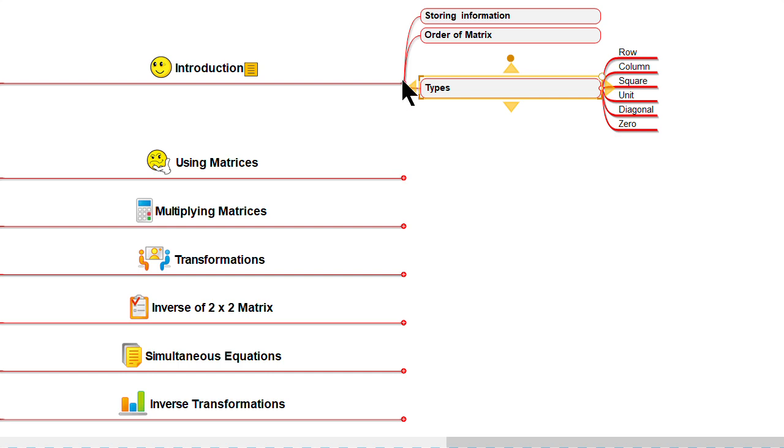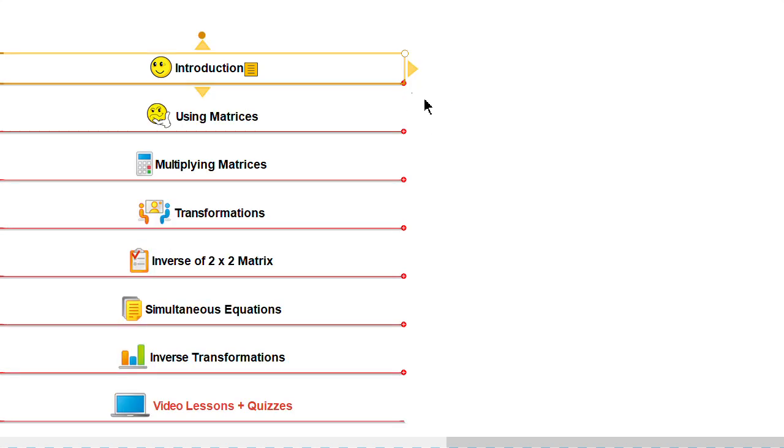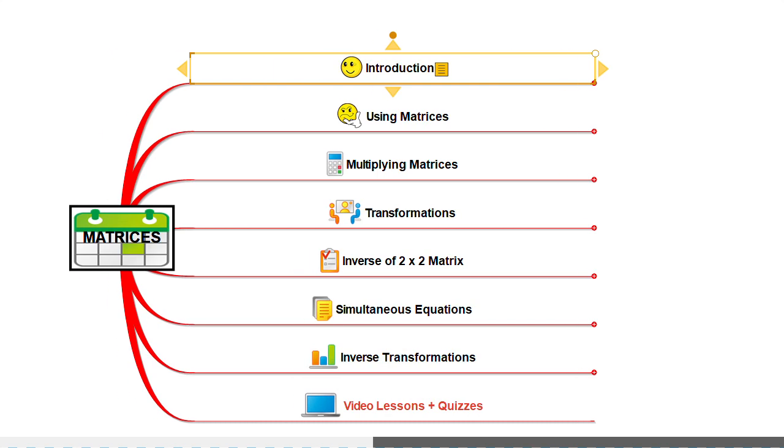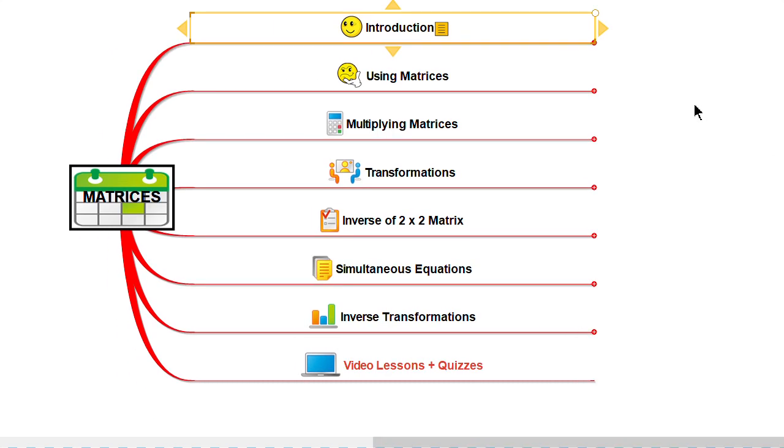So in the mind map, you can present tons of information visually. And since your brain is naturally wired to retain information when presented in the form of a picture or an image, you'll retain more of what you are learning using matrices.